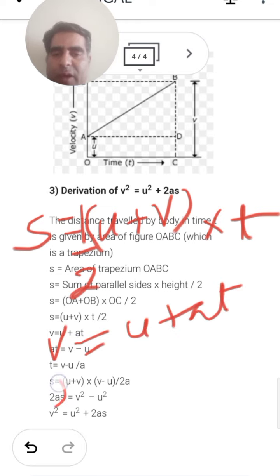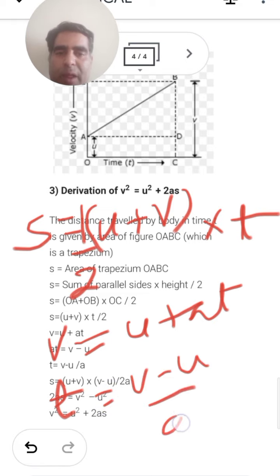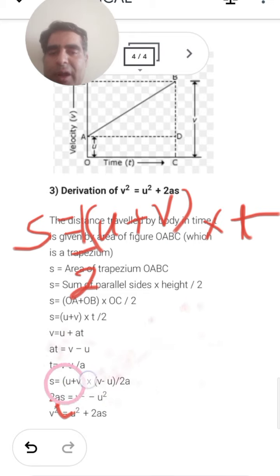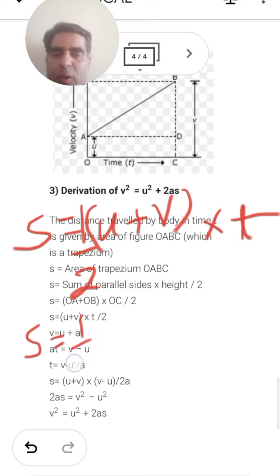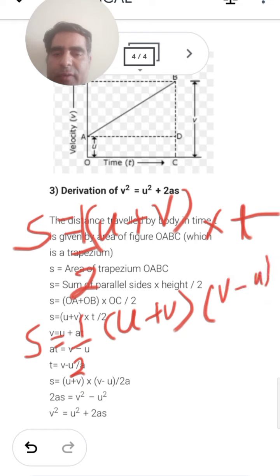So the value of T is equal to V minus U upon A. Value of T is equal to V minus U upon A. So you will write down over here S is equal to half U plus V. In place of this T, you will write down V minus U upon A.